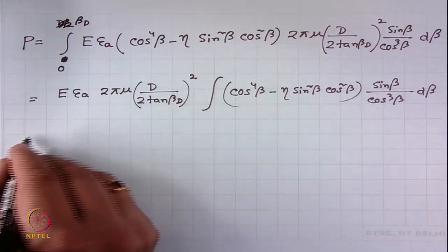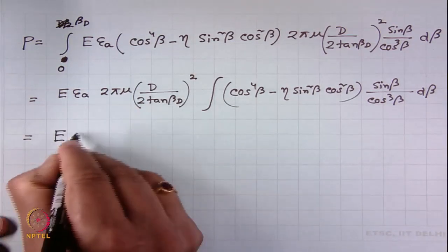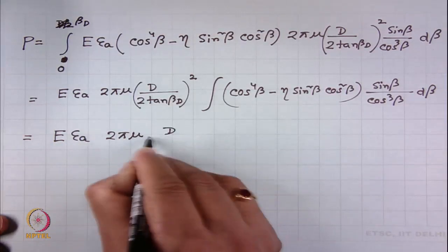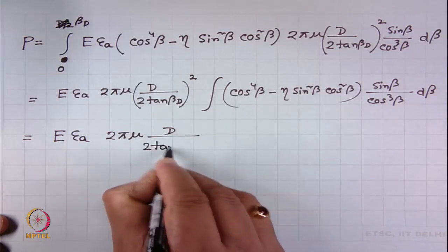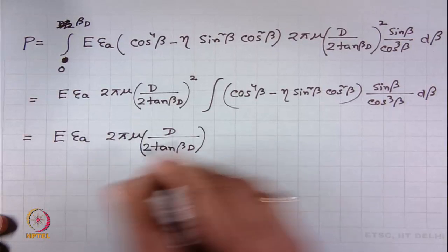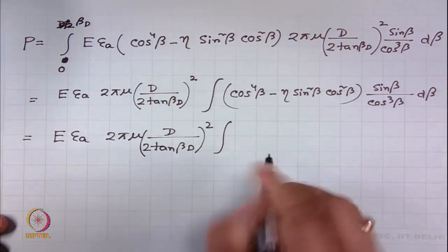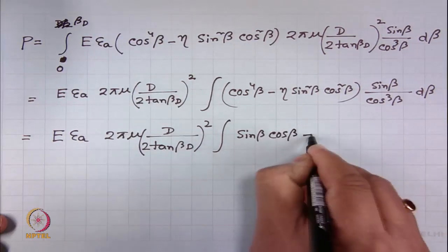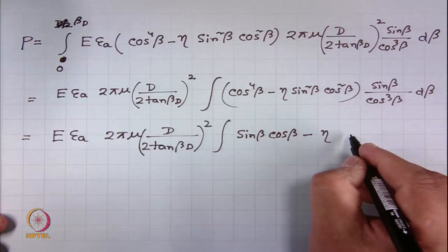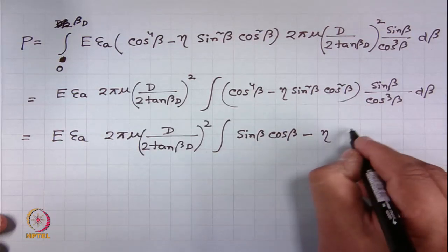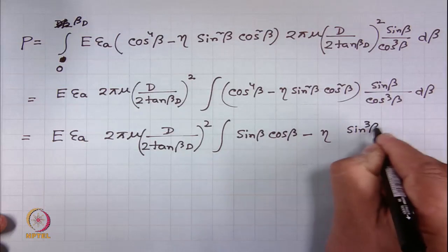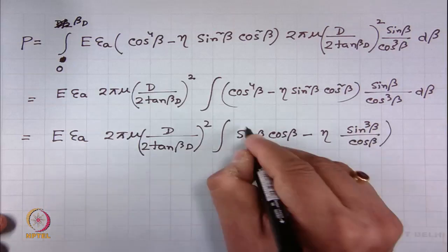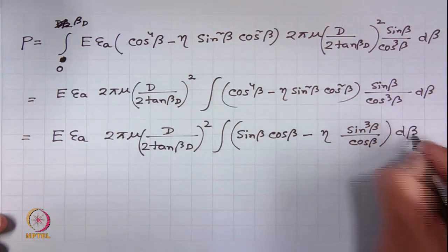So, epsilon a by 2 pi mu squared integration sin beta cos beta minus eta sin cube beta by cos beta into d beta.